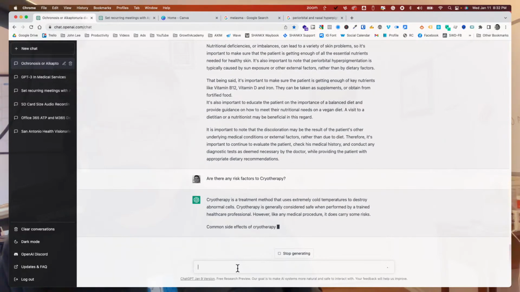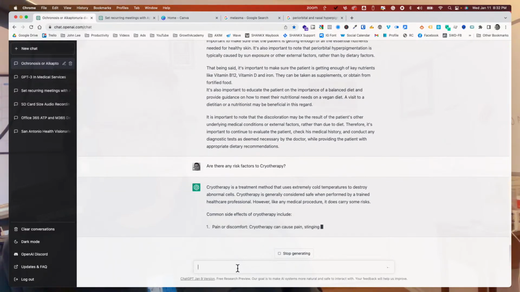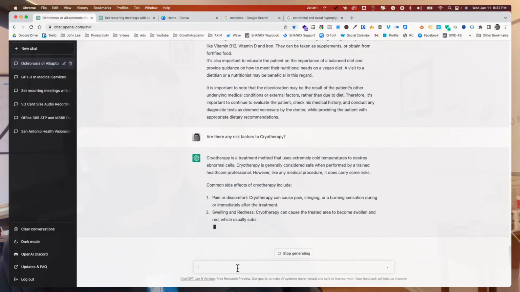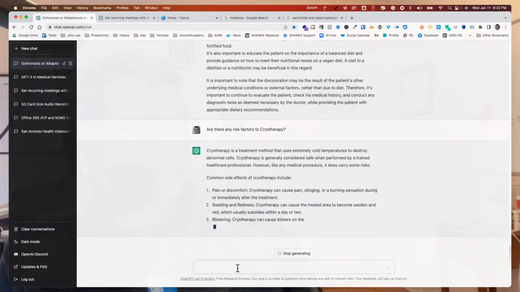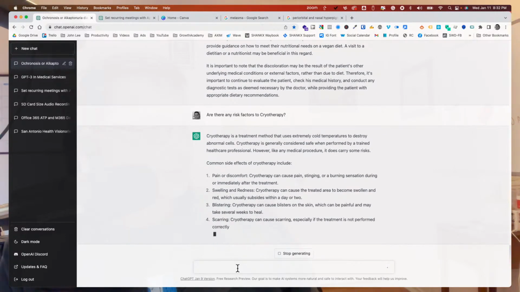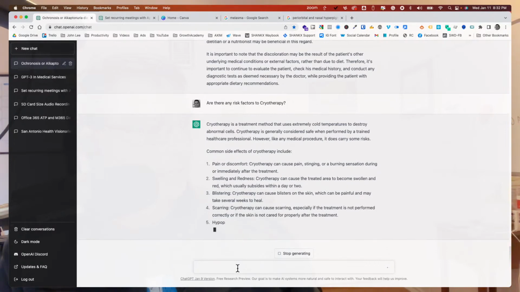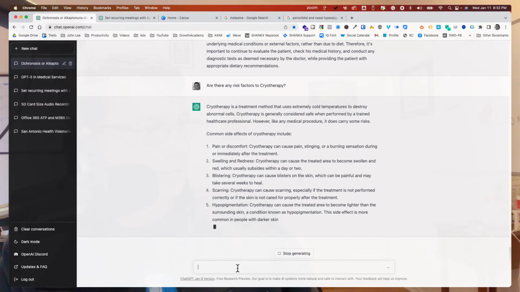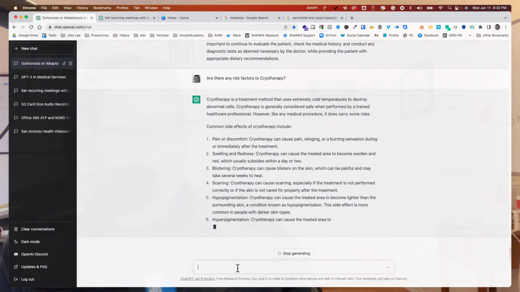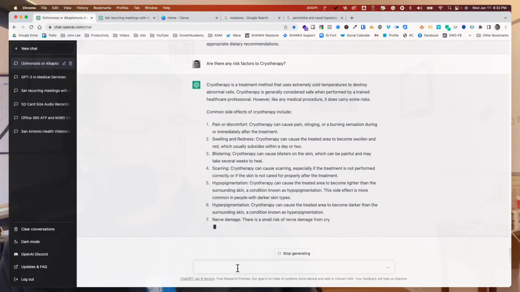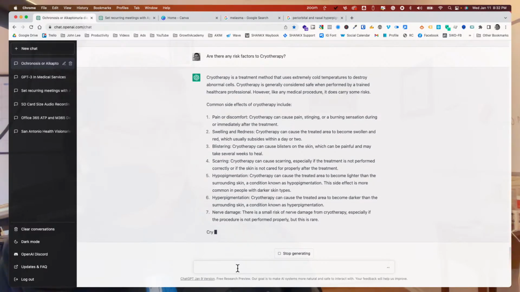Cryotherapy is a treatment method that uses extremely cold temperatures to destroy abnormal cells. Common side effects are pain or discomfort. Okay, I can live with that. Swelling and redness. Okay, but that subsides. Scarring, if the treatment is not performed correctly, so I would go to a specialist.